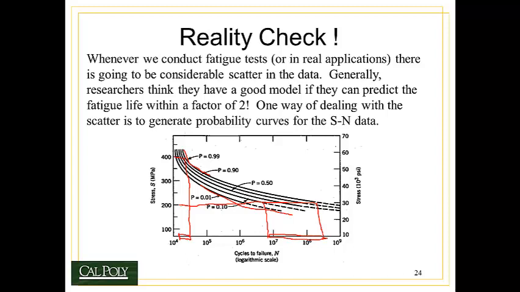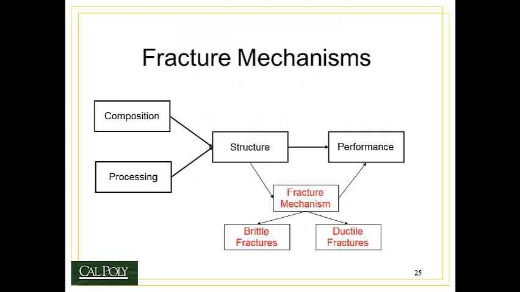And of course, when we design products, we normally design them to be at lower stresses where they're less likely to fail in fatigue. So here we are designing a product at a stress of 200 megapascals, and we can't predict how close it is to failure within a lifespan of 2 orders of magnitude. That's a big problem, and it's why we spend a lot of money trying to understand fatigue behavior.